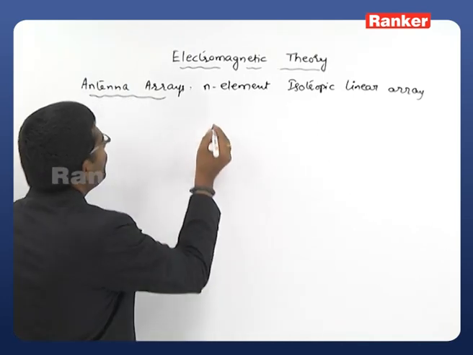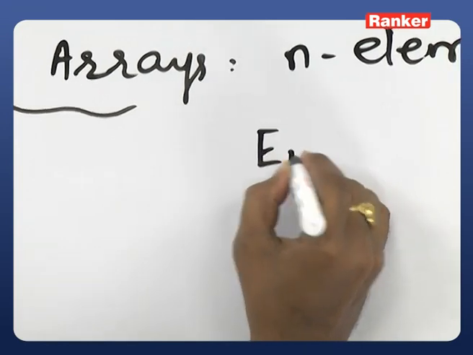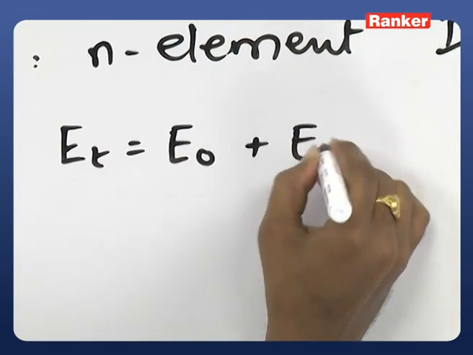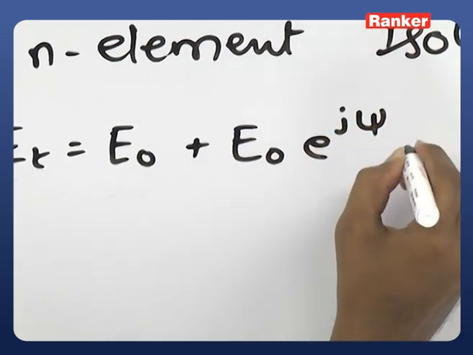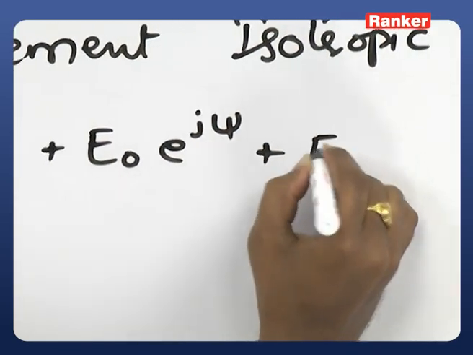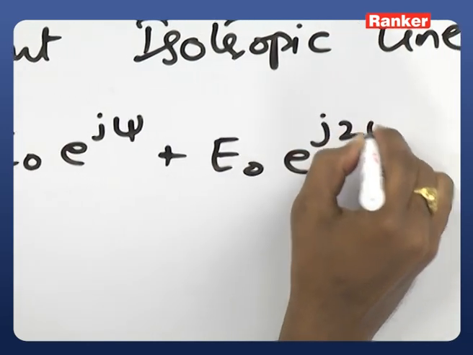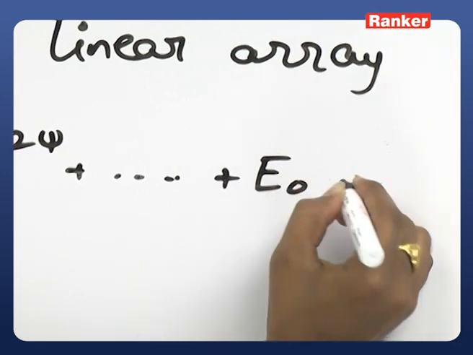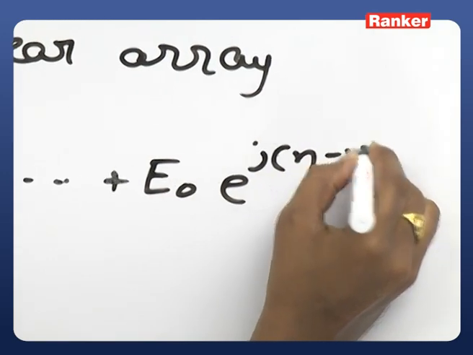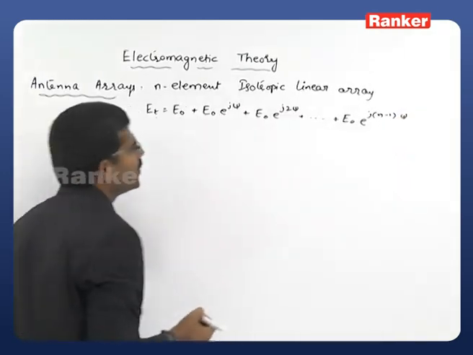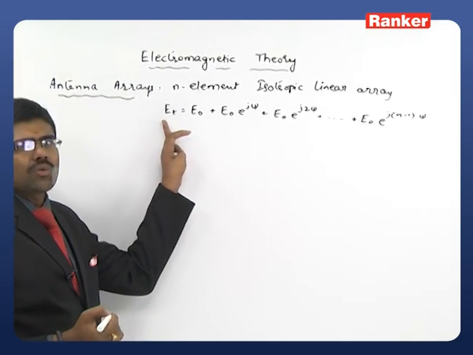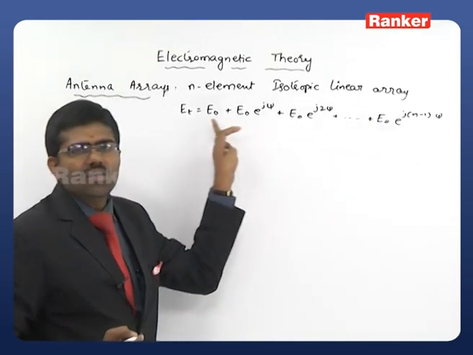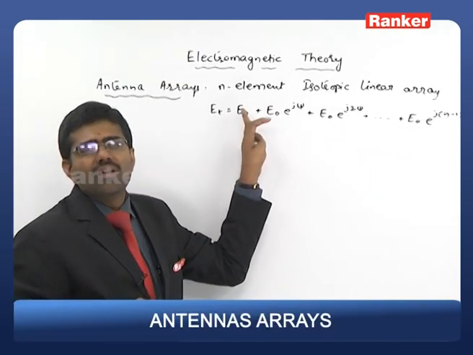The total electric field intensity E T is equal to E naught, plus E naught e power j psi, plus E naught e power j 2 psi, and so on up to E naught e power j (n minus 1) psi. This is a summation of all the electric field intensities present in that particular array.